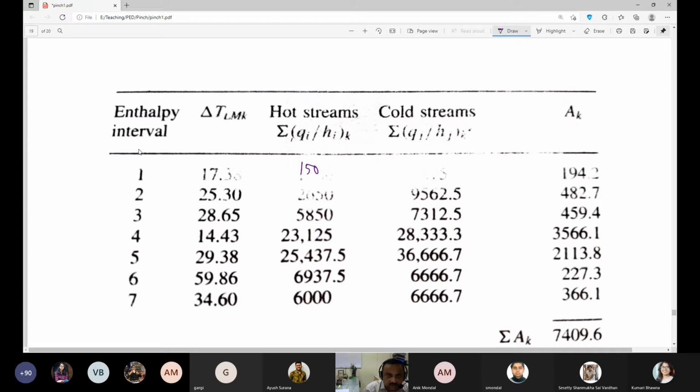This should be 2650. This is 17.38, and this is 1875. This is of course 956.